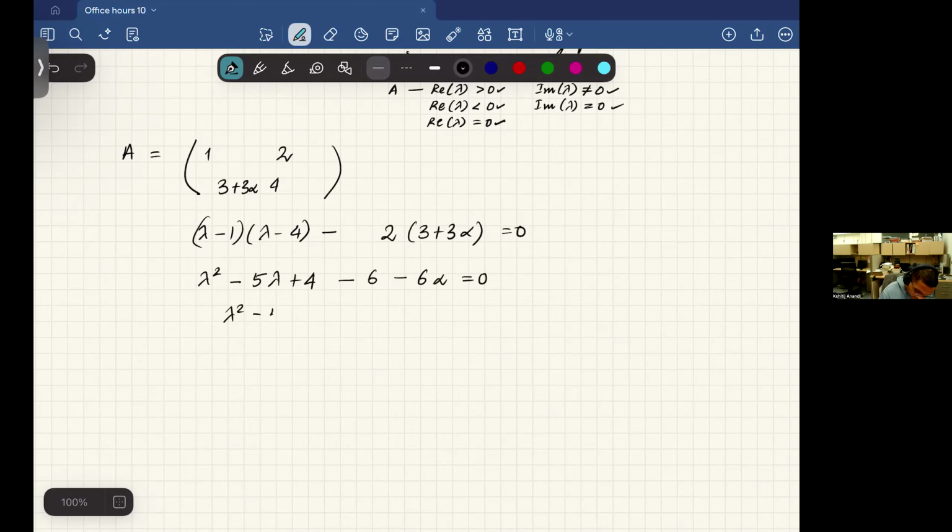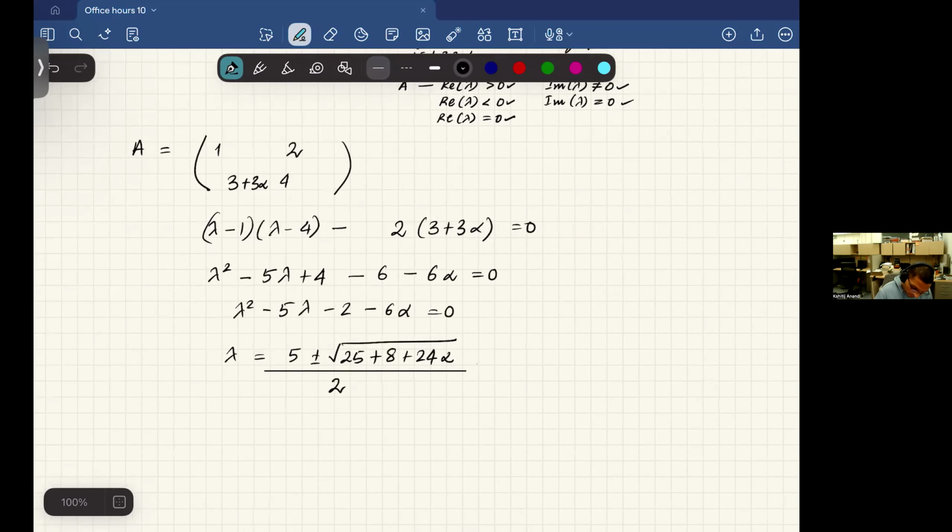So lambda square minus 5 lambda minus 2 minus 6 alpha equals 0, which means lambda equals 5 plus minus root over b square, 25, minus 4ac, minus 4 plus 2 plus 24 alpha, whole divided by 2, which is equal to 5 plus minus root over 33 plus 24 alpha, divided by 2.